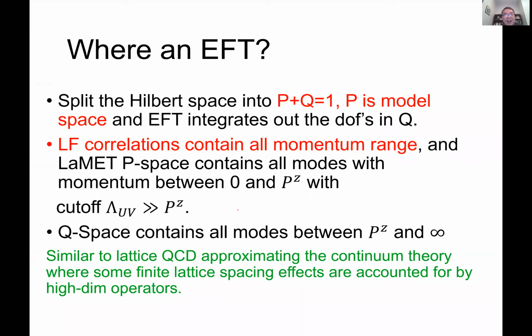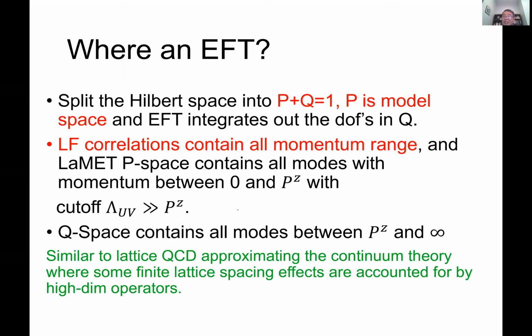We have a big Hilbert space, we cannot solve it all at once. And so what we do, we split that into a P and Q space. P is called the model space, and Q is the outside of the model space. And you want to integrate out those degrees of freedom in effective field theory.